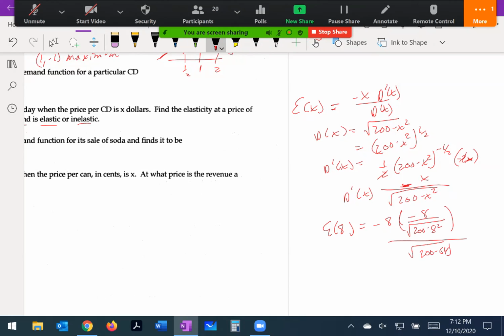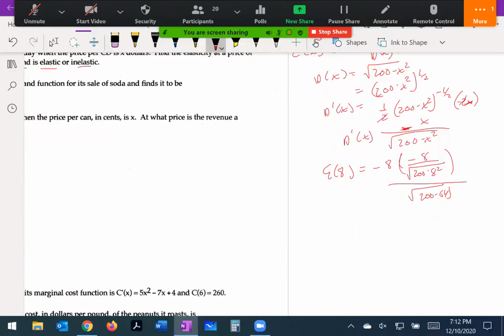Okay, so this is just going to be negative 8 times negative 8, which is 64, over the square root of whatever 200 minus 64 is. 200 minus 64 is 136, over the square root of 136, divided by another square root of 136.